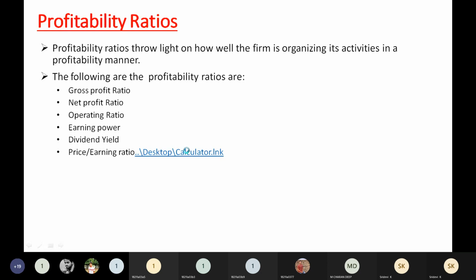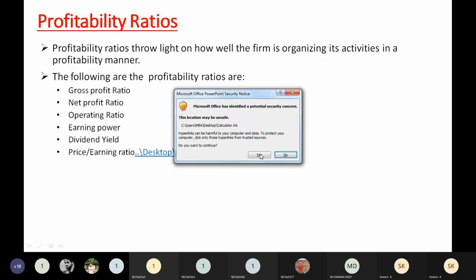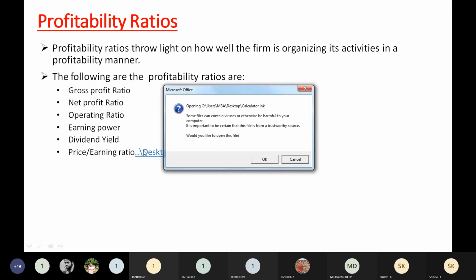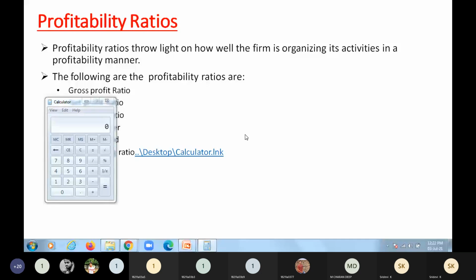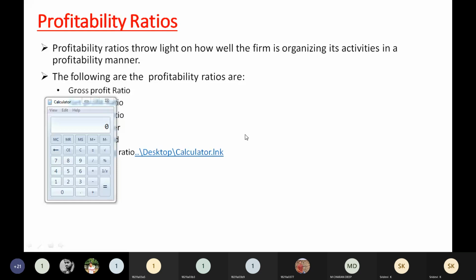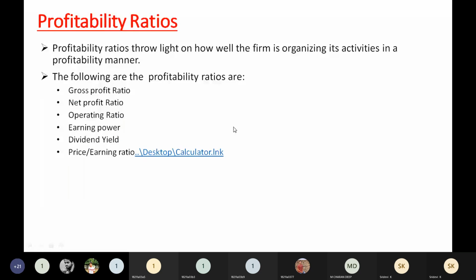So before which I will connect this Calci now. Open this Calci. Today it is slow, I think.